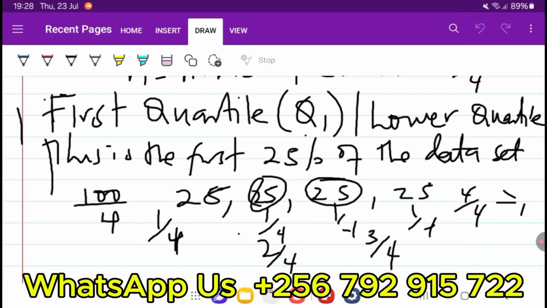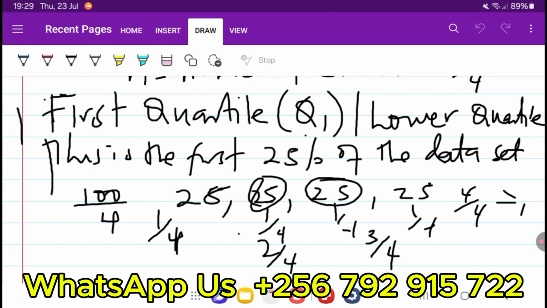From here, we can just use the formula. We get the lower half of the data set, and then a half of that half.